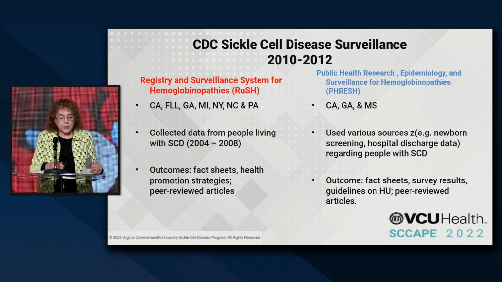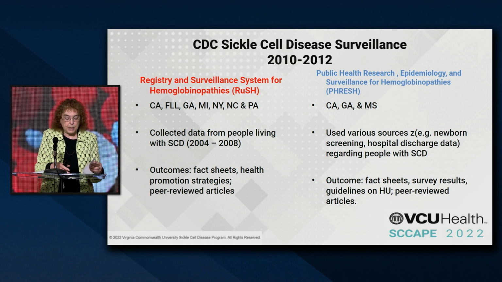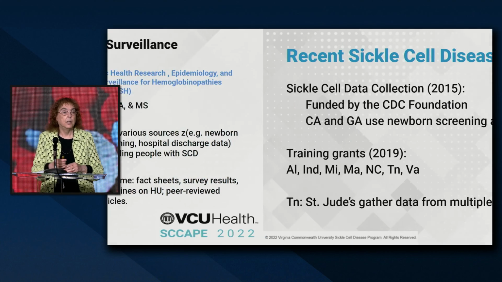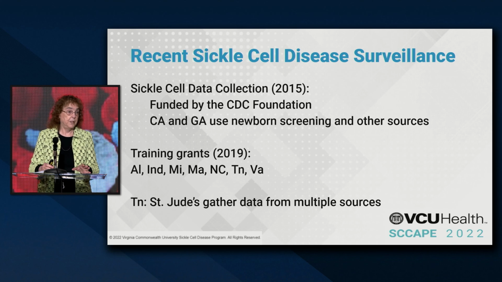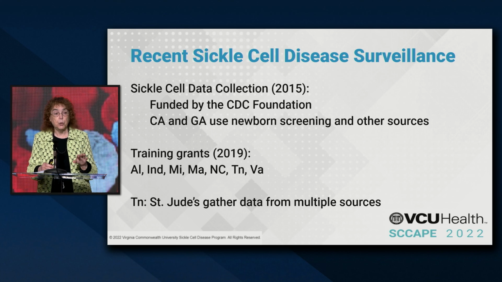All right. Since then, and here again, Dr. Smith and some of the rest of you are much more expert on this, in 2015, the CDC Foundation did another project to collect sickle cell data, in California and Georgia, which used their newborn screening and other sources they could get at to look at sickle cell data, all right?